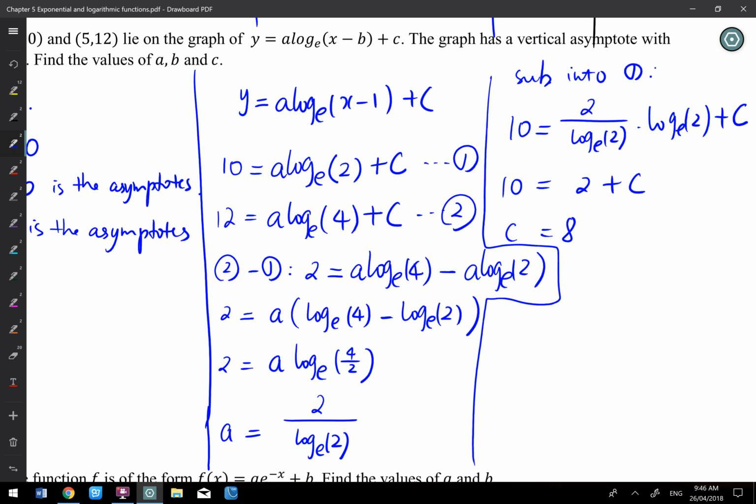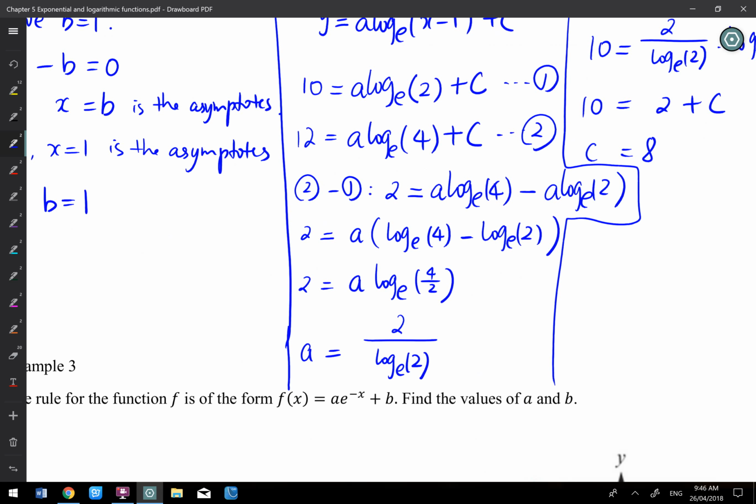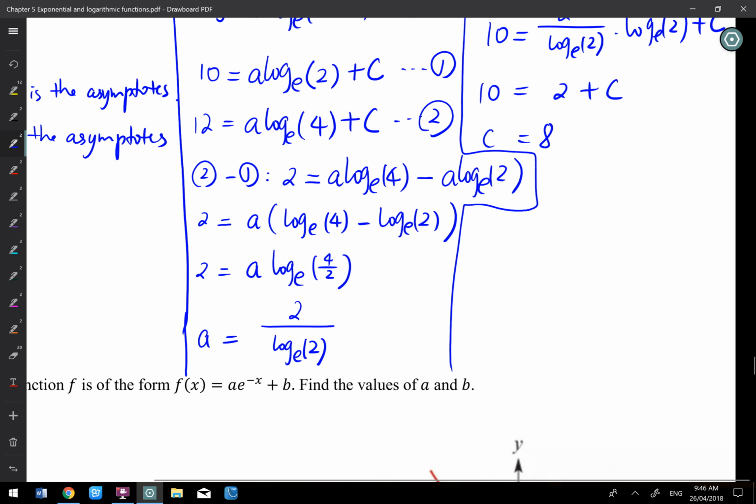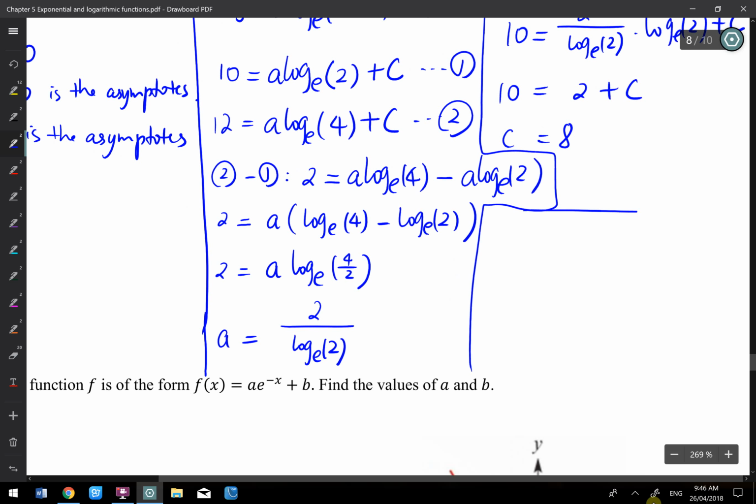I'm not going to find it for you. So when it asks for a, b, c, you need to give the a, b, c values explicitly. This is the extra step. Let's just find the equation. What's y equals to? y equals to 2 over log e 2, times log e (x minus 1), plus 8.